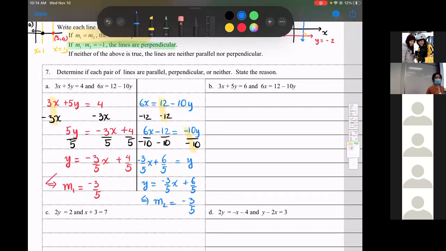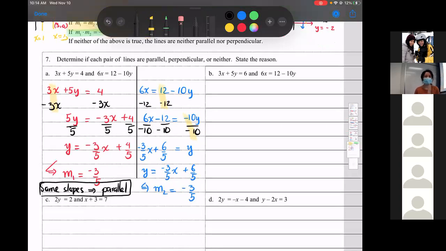So what is your conclusion: parallel, perpendicular, or neither? Parallel, they're the same, right? I'm going to box my answer. You do B on your own.